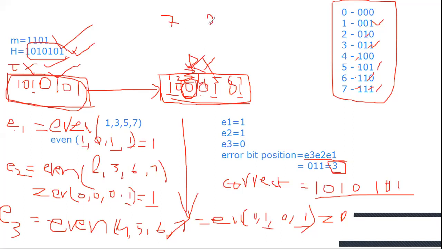We have a relation: 2 power p is greater than or equal to m plus p plus 1. Based on this, we calculate how many parity bits are added to 7 message bits. By the trial and error method, you will get p equal to 4.